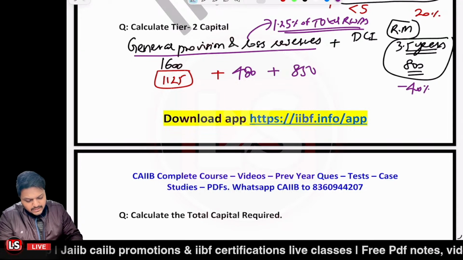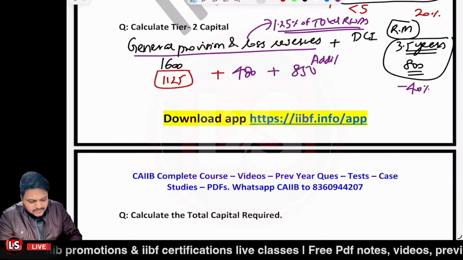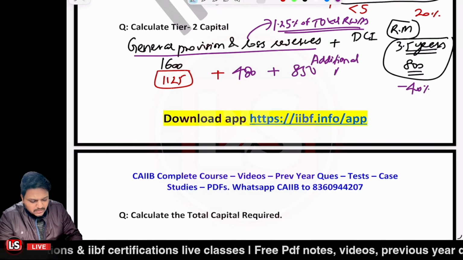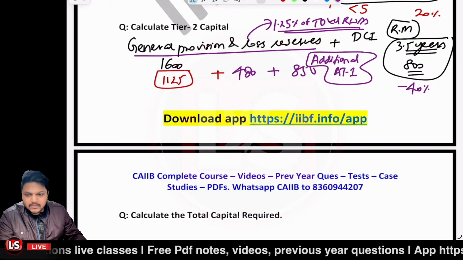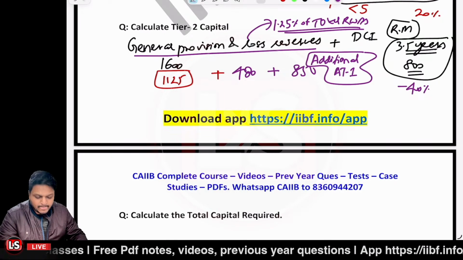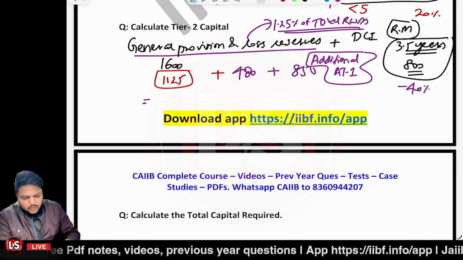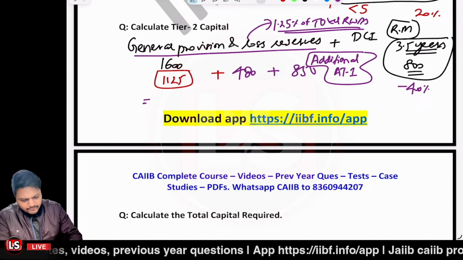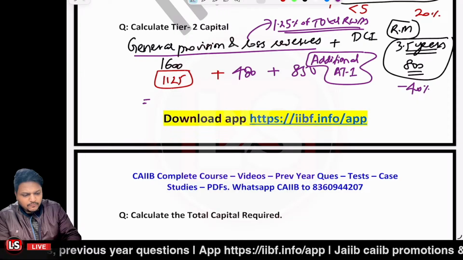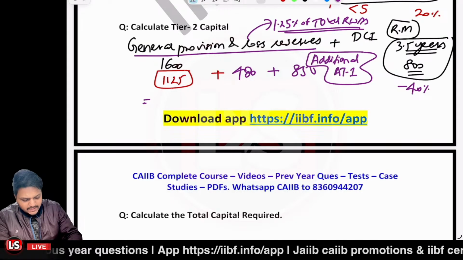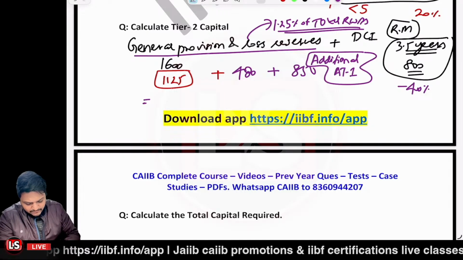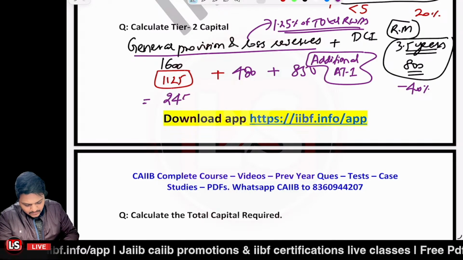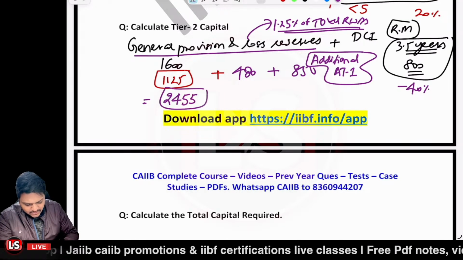Okay. So it is additional AT1, I can say. Now, the total would be equal to 1125 plus 480 plus 850. That is 2455. That is your capital.